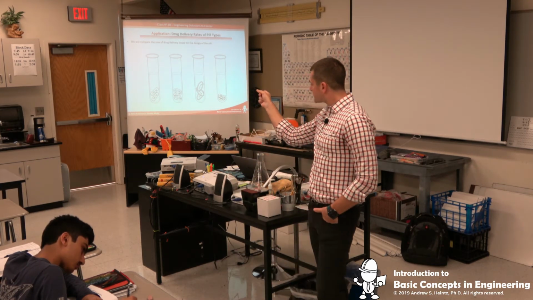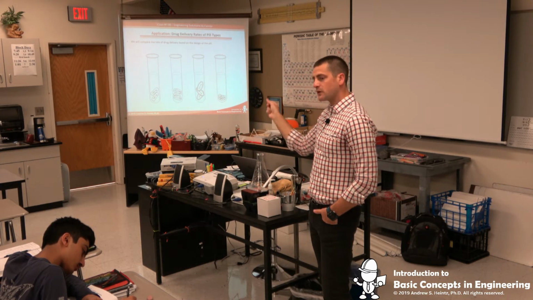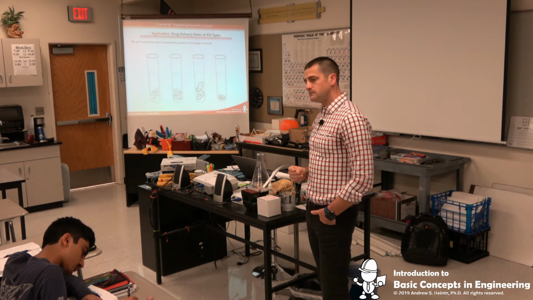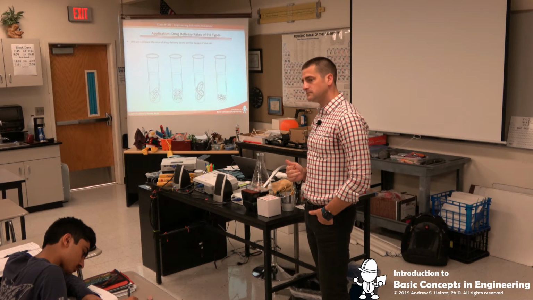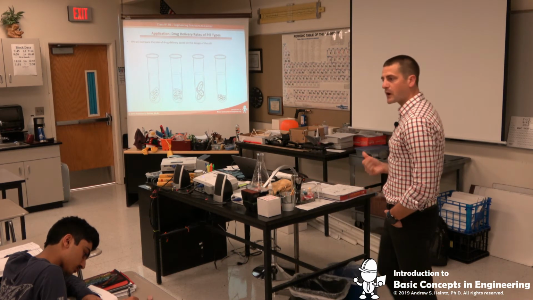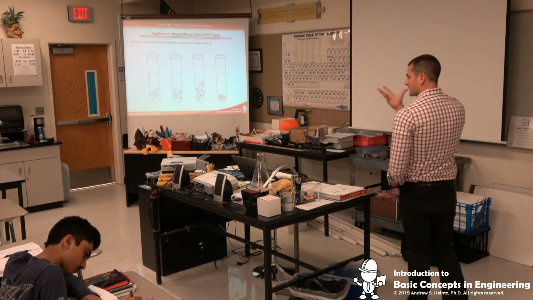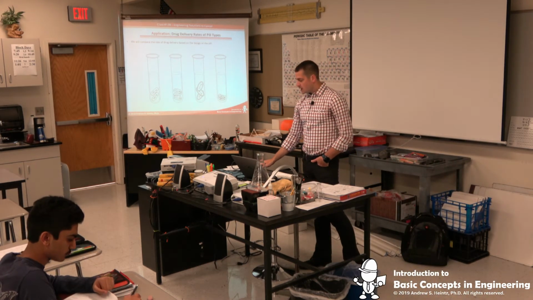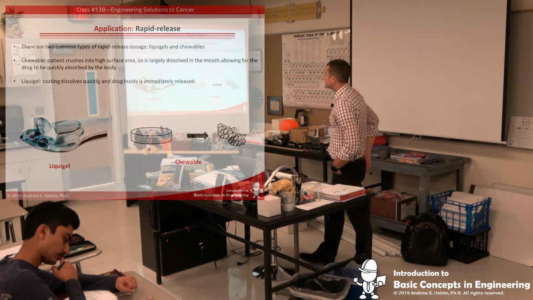So would you expect the 2 500s to dissolve first or the 3 325s to dissolve first? The 3 325. But by the same argument, right? And I would agree. In practice, generally the more surface area you have, the faster it will go, right? So, rapid release dosage, right?